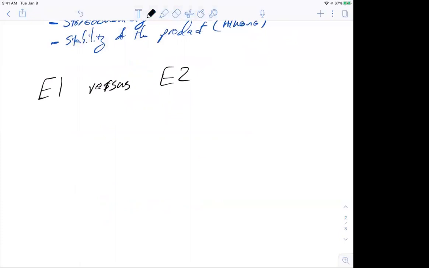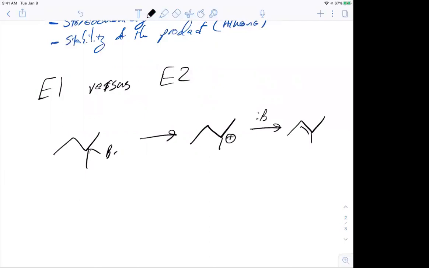When we looked at SN1 and SN2, there was a pretty straightforward comparison about which way to go on most of these. So if we look at E1, the first step of the mechanism is forming the carbocation. And then once we form the carbocation, the base comes in and forms the alkene. For E2, the base comes in and we do that all in one step.